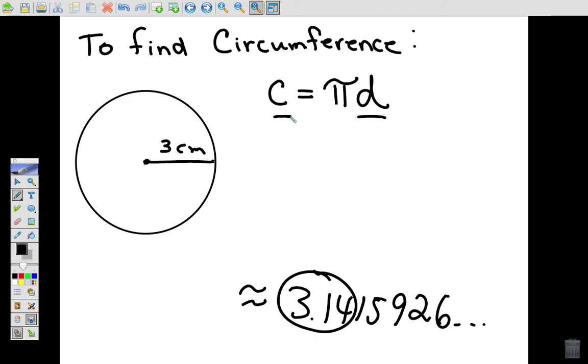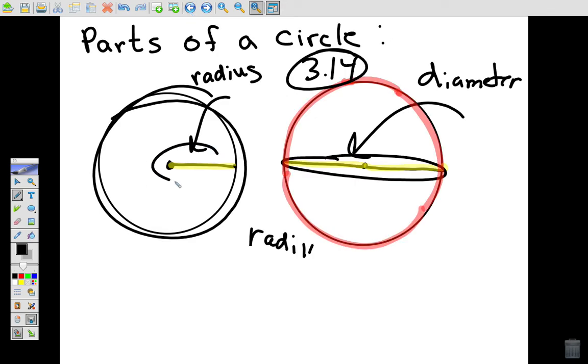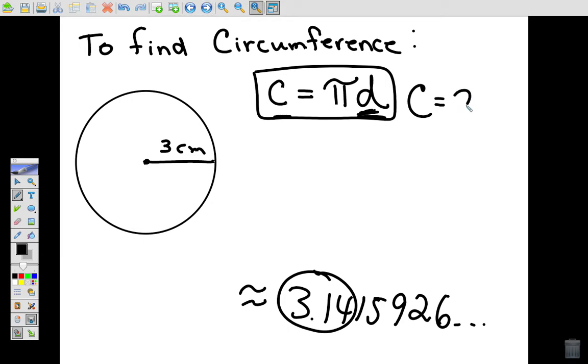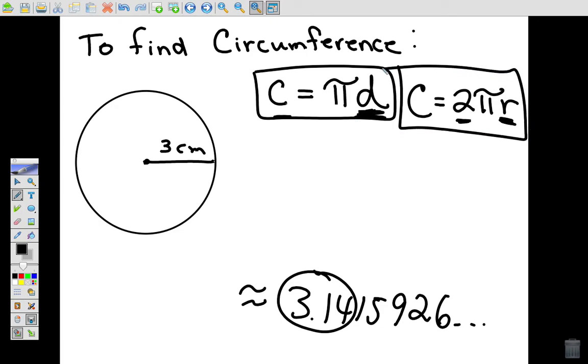So one way we can find the circumference is to use this. The other way is circumference equals, since a diameter is how many radii? How many of these does it make to make a diameter? Two of them. We could also use 2 times pi times the radius. In other words, I substituted 2r, or 2 radii, for d. Either one of these formulas we can use.